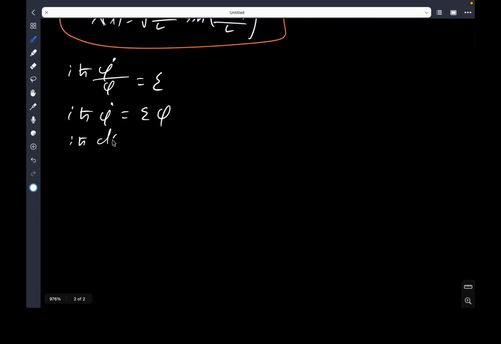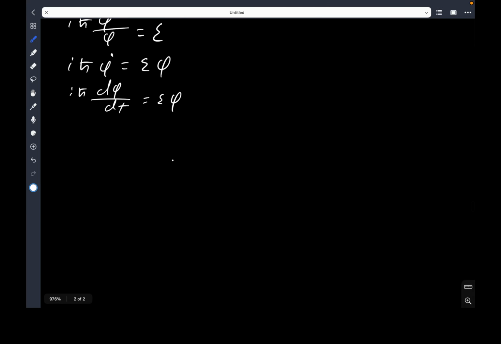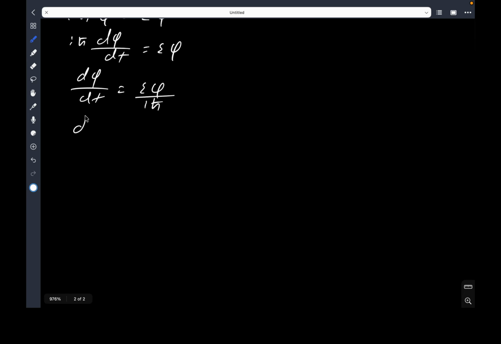This is a separable differential equation, and I'm just going to show you how it is solved. d phi over phi is equal to E dt over i h bar.